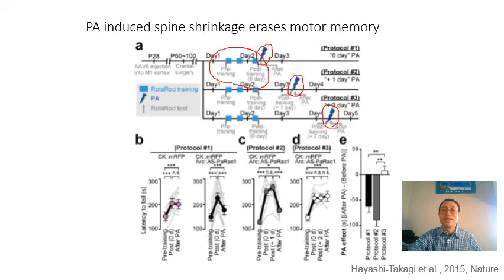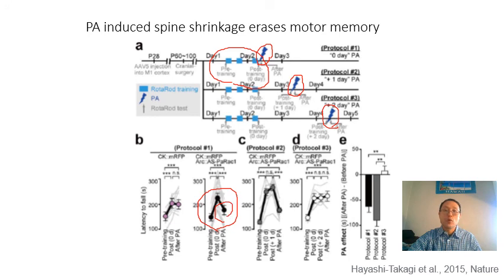Just kind of different timing of that. Okay, and over here in protocol 1, what you can see is that the animals, after they get zapped with the photo activation, don't do as well as without photo activation.